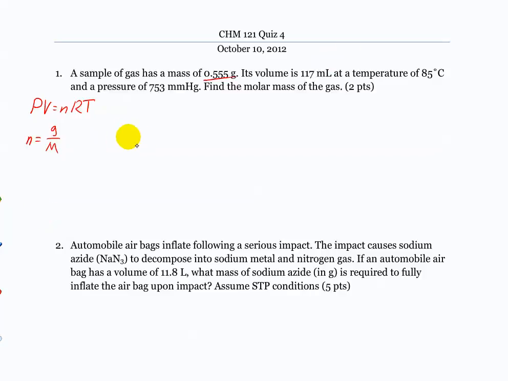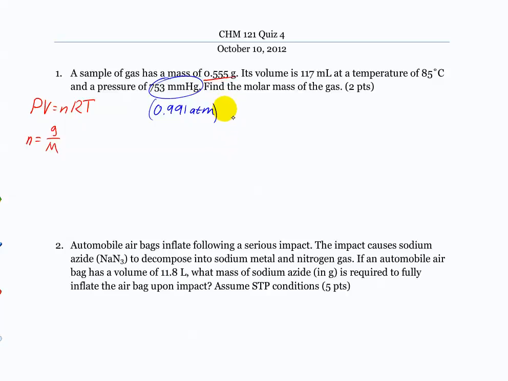Oh yeah, so we set up the equations before we all caught on fire, and then let's just fill it in, right? So pressure, 753 millimeters of mercury. We have to convert that, so it ends up being 0.99. So that's our pressure.